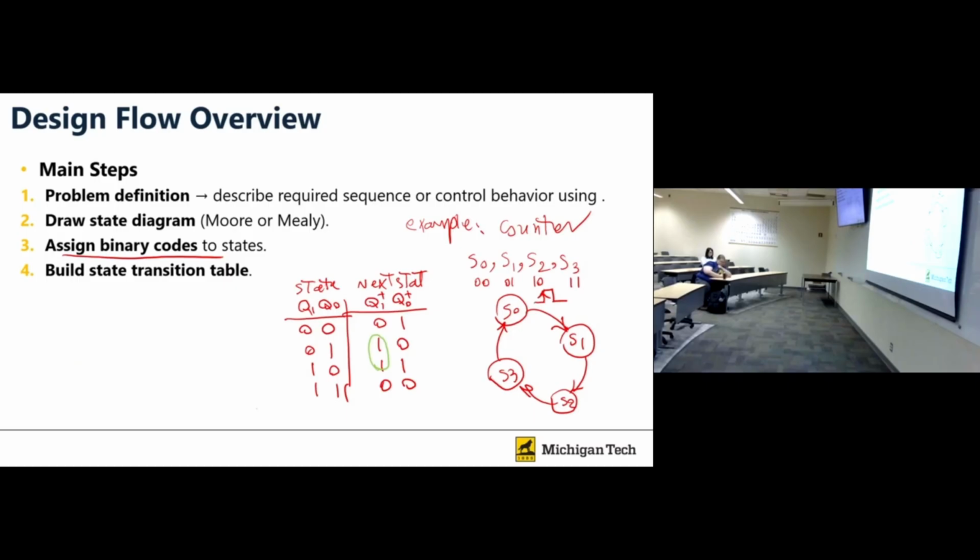So Q1 plus is Q1 bar Q0 plus Q1 bar, Q1 XOR Q0.